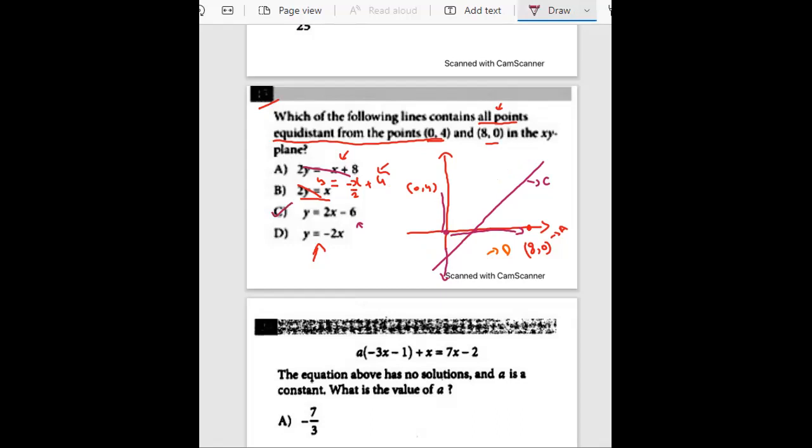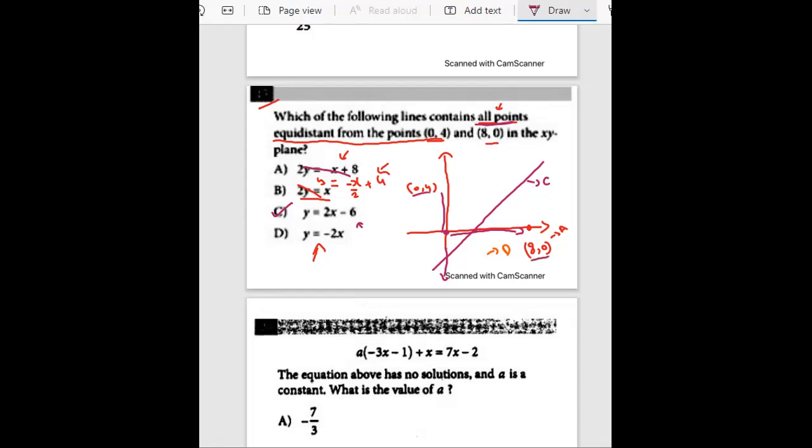No, because when they said equidistant in the question, I don't really understand what distance they're talking about. Okay, I'll tell you. Equidistant basically means that whatever line they're talking about, all the points on that line should have equal distance from the point (0, 4) and the point (8, 0).